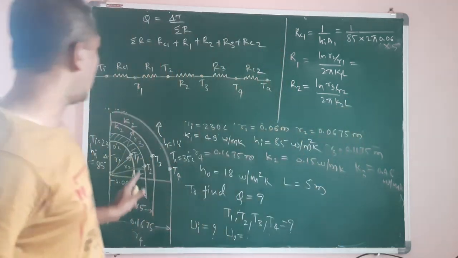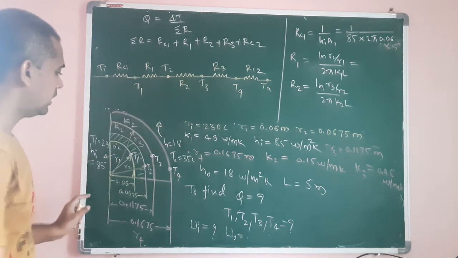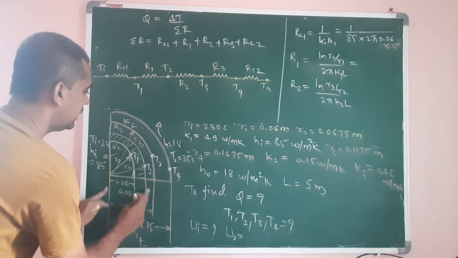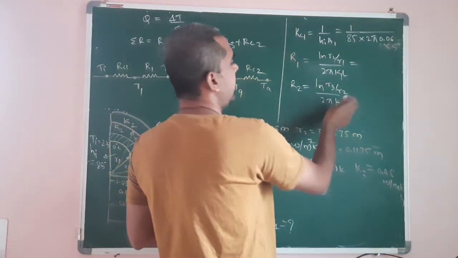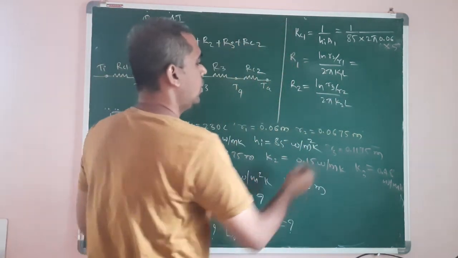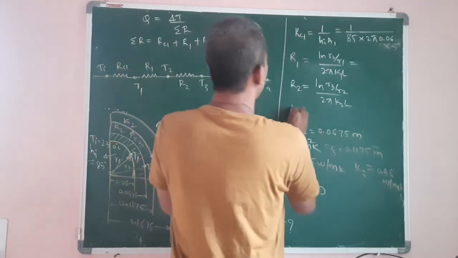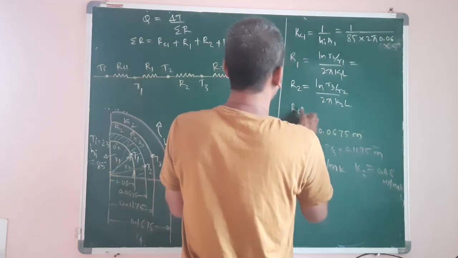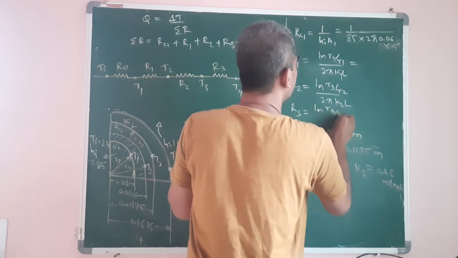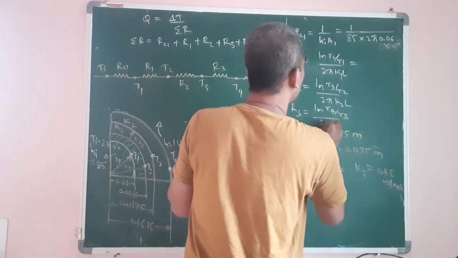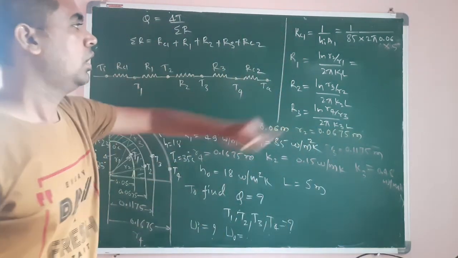R2 is between T2 and T3, therefore ln of R3 by R2 divided by 2 pi K2 L. You know R3, you know K2, everything you know, you can calculate. Now R3 is equal to ln of R4 divided by R3, divided by 2 pi K3 into L. You substitute and calculate this.